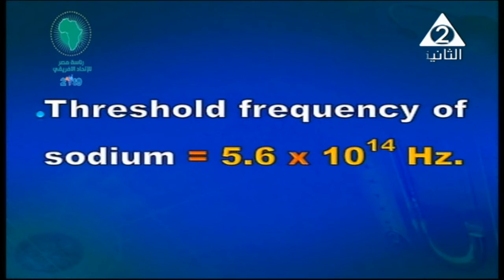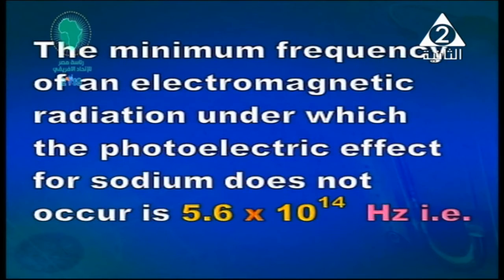What's meant by the threshold frequency of sodium equals 5.6 times 10 to the power of 14 hertz? The lowest frequency of an electromagnetic radiation under which the photoelectric effect for sodium does not occur is 5.6 times 10 to the power of 14 hertz.